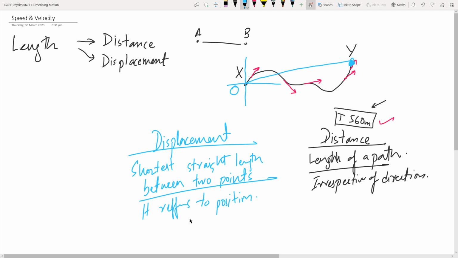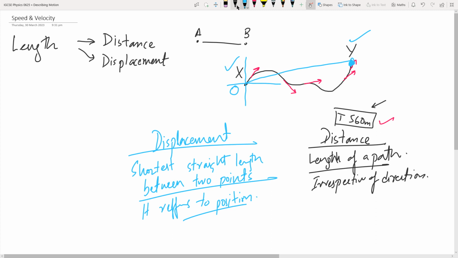So displacement we consider as a change in position from point X to point Y. We don't care about the path. We just identify what is the shortest possible length, or a straight line length between these 2 points, and that is what we call displacement, right?